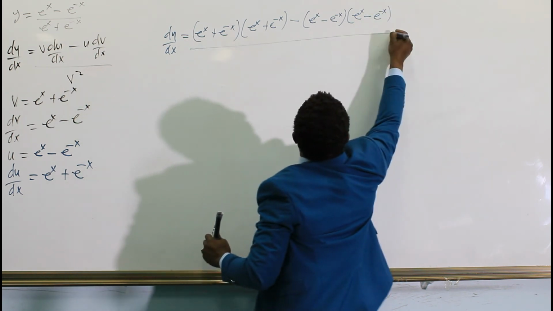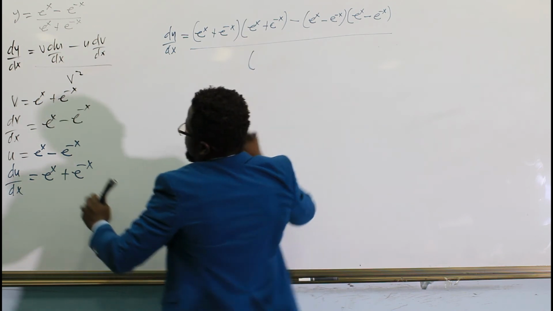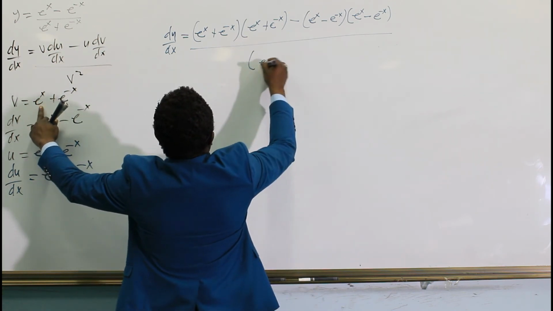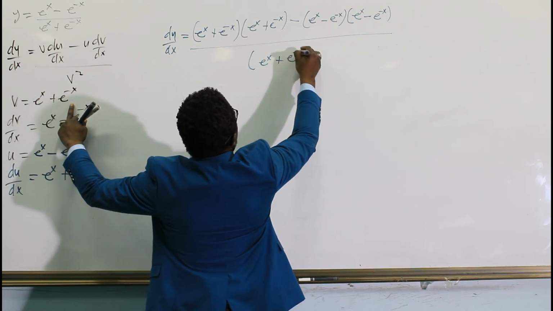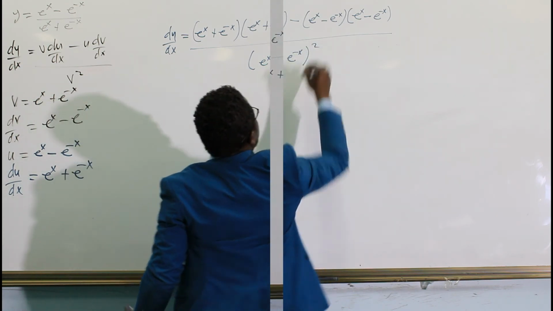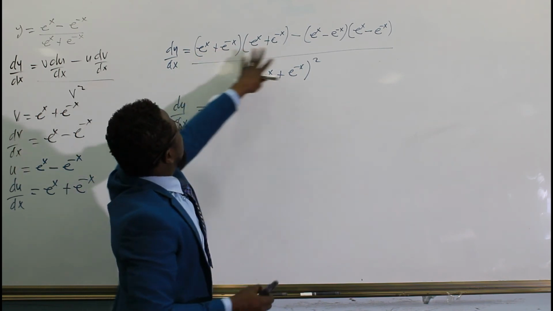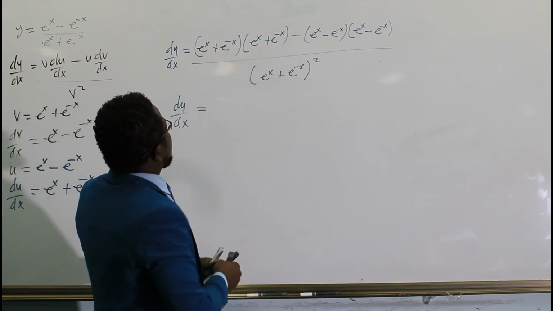And we are dividing all these by v, which is e^x plus e^(-x), and we will square that.